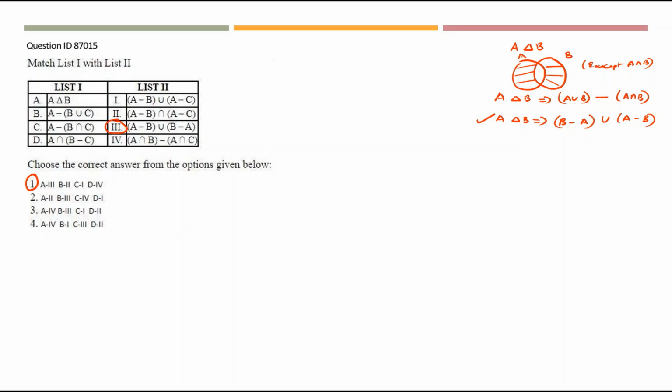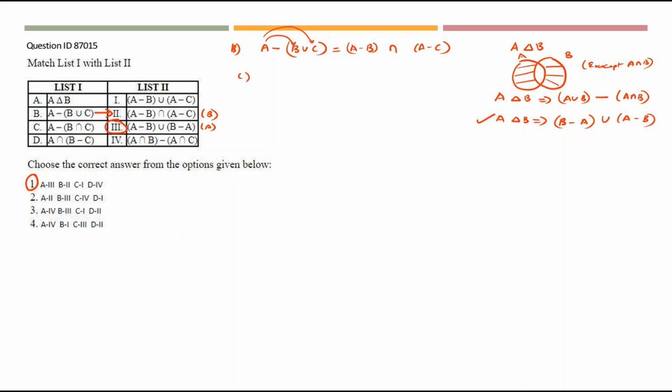So let's work out B. A minus B union C. Now we have to apply this set difference operation to the variables inside. So this will result in A minus B, A minus C. What will be the operator in between? This union will become intersection. So B will be mapping to 2.